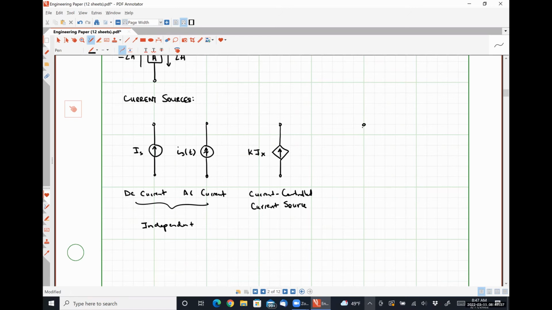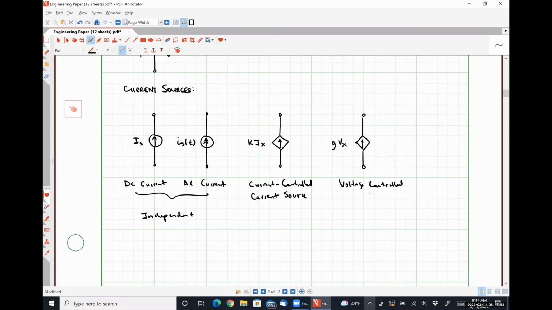And then over here, even further to the right, we are going to have a voltage controlled current source.